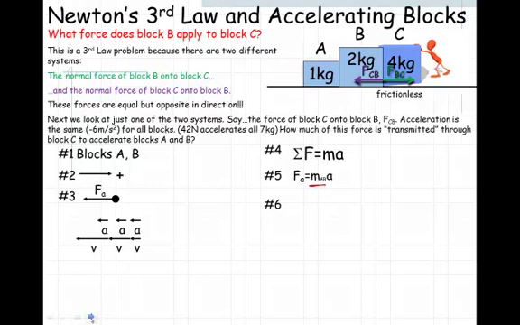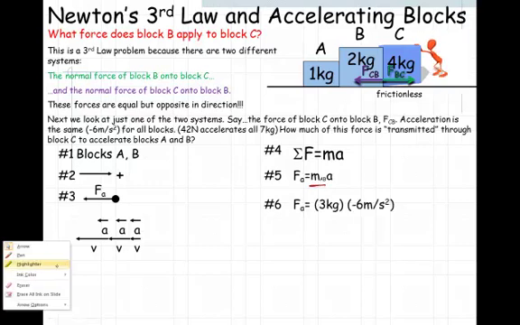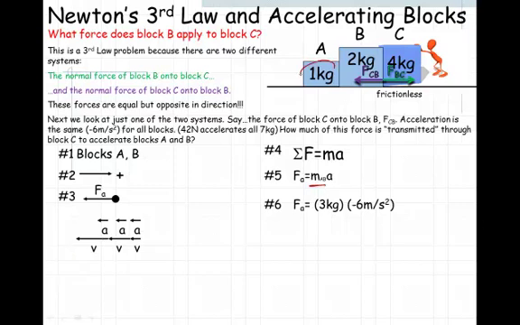So in step 6, we would then write out and plug in our correct values. So since we're using blocks A and B, that would be the 1 kilogram and 2 kilogram blocks. And so our mass is a total of 3 kilograms. All the blocks are experiencing an acceleration of negative 6 meters per second squared. So our total force is negative 18 newtons.